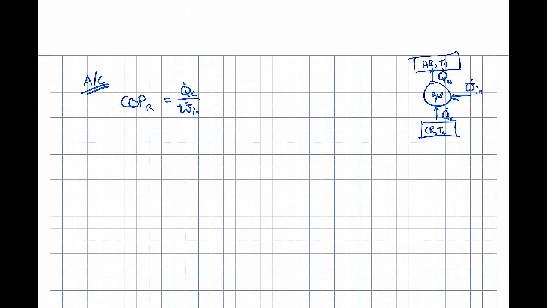But in practice for residential purposes and such, instead, people use what's known as an energy efficiency ratio. That's abbreviated EER, energy efficiency ratio. It's basically the same thing as a COP-R.